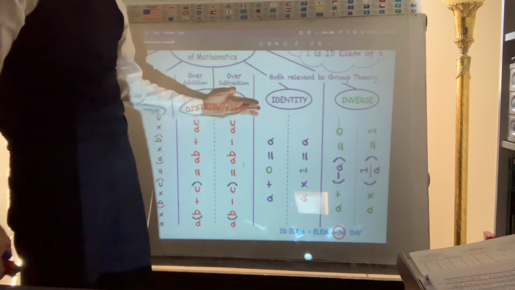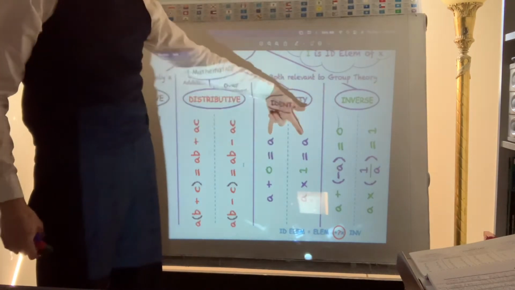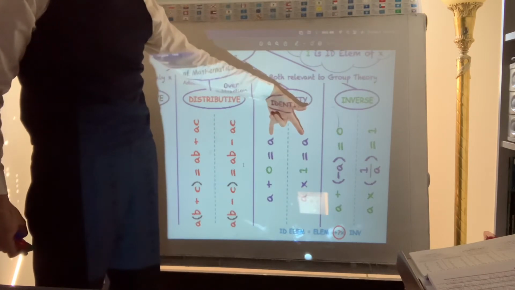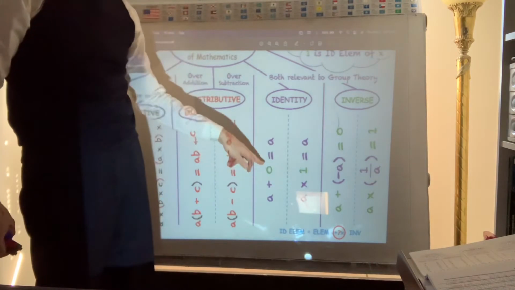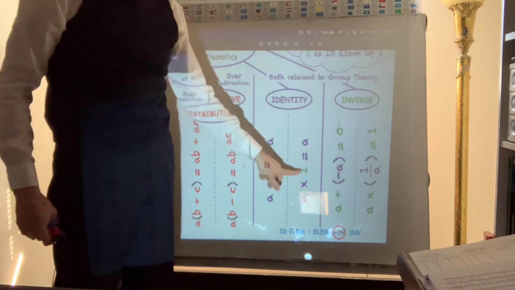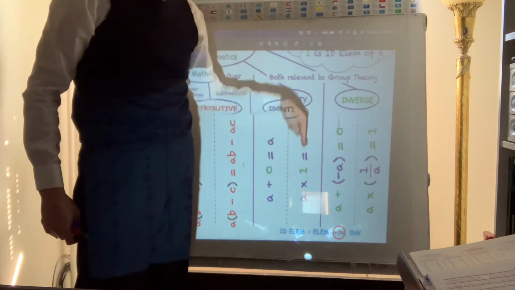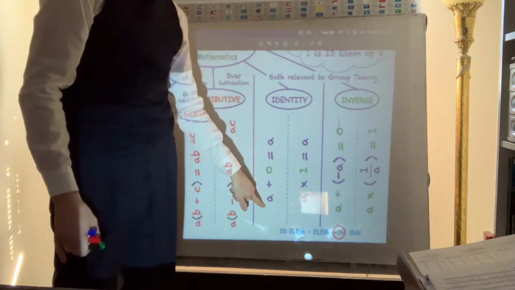And there is the identity property of multiplication, which involves 1. As you can see, they both basically preserve the identity of the original element. To add 0 to an element, all right, gives you the same element. To multiply by 1 an element gives you the same element. All right? It's that preserving the identity of the original thing.